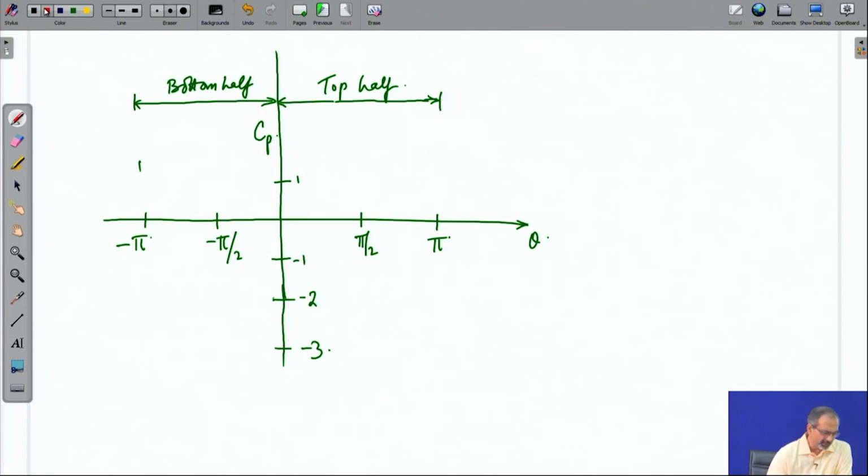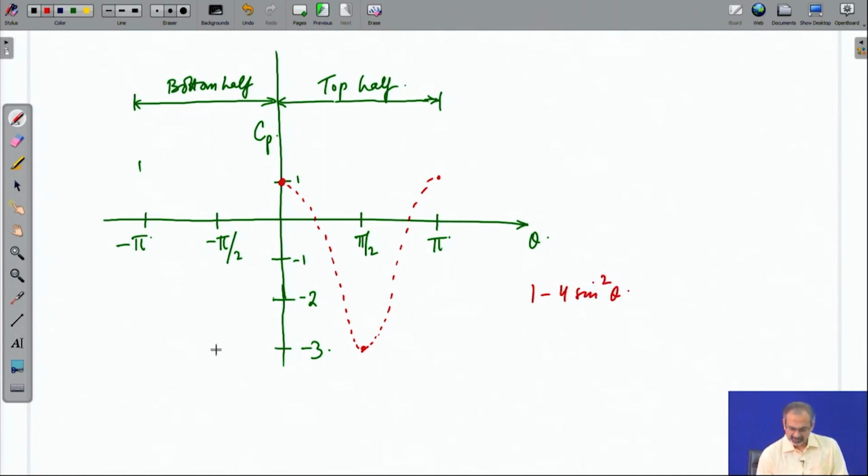and if you look at how the pressure distribution varies, it is equal to 1 here, then by the time you reach pi by 2, it drops to minus 3. By the time you reach pi, it again recovers back to 1. That is how the 1 minus 4 sine square theta expression works.